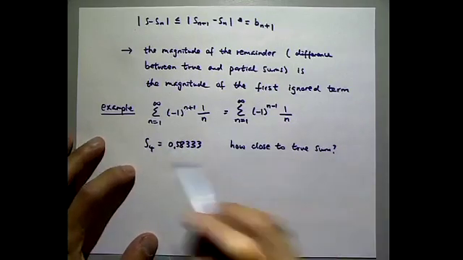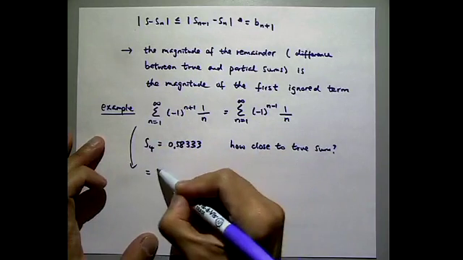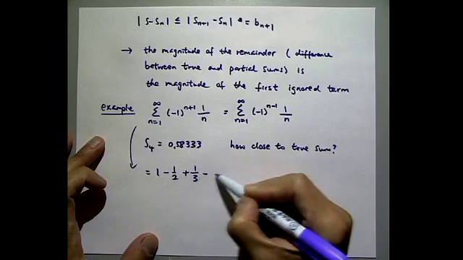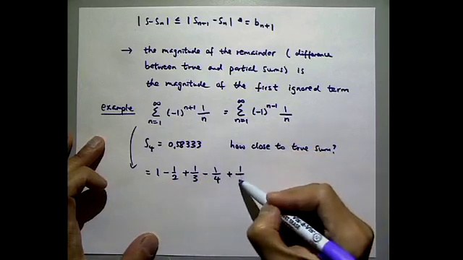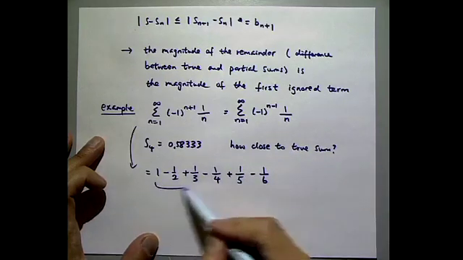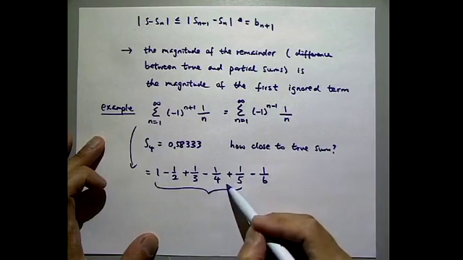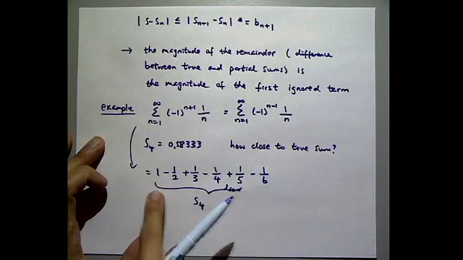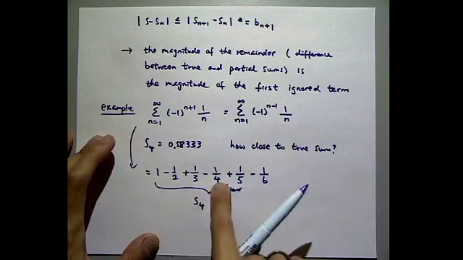So let's look at what the series is saying. 1 minus 1 over 2 plus 1 over 3 minus 1 over 4, 1, 2, 3, 4, 5, 6. Oops, I went too far. Okay, everything up to minus 1/4, that's my fourth partial sum. 1, 2, 3, 4.